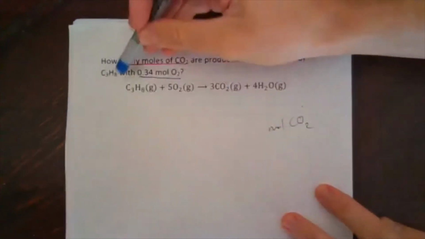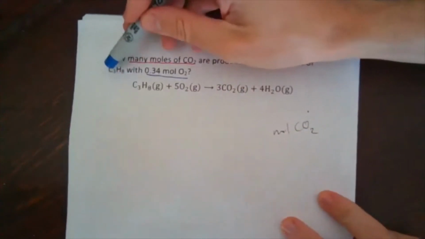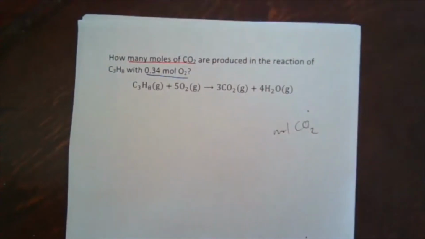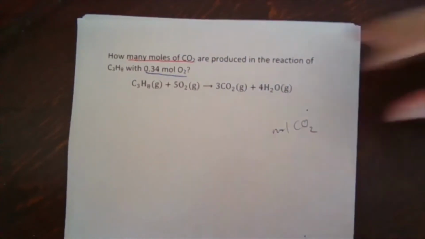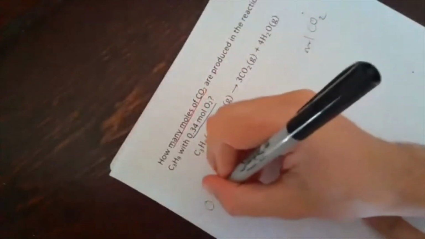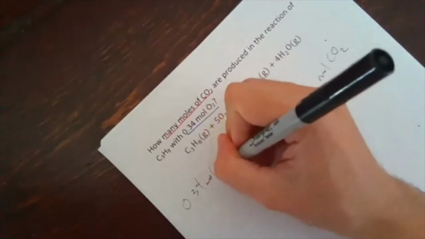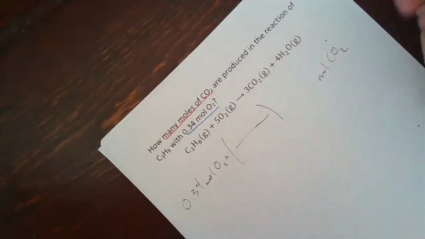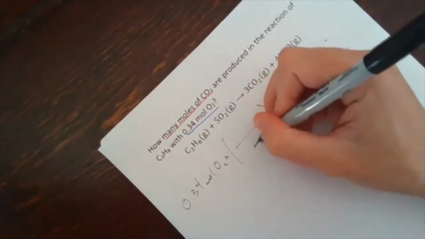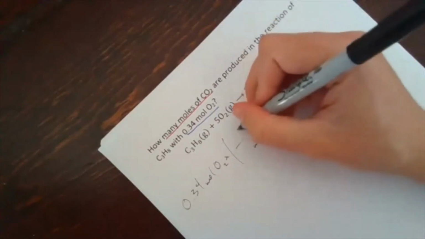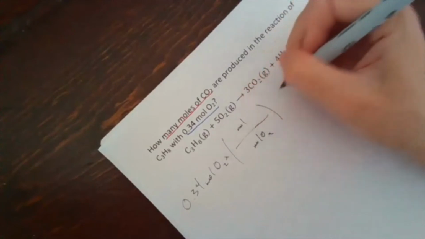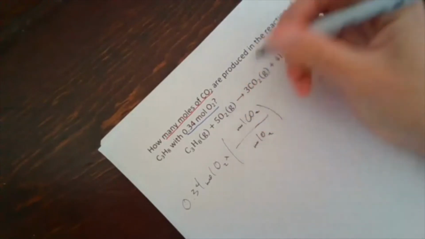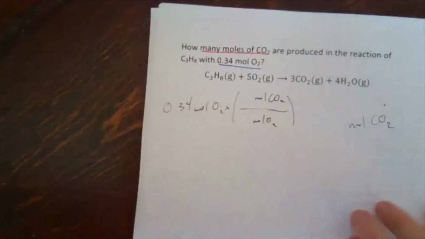It's just a combustion reaction, you're reacting C3H8 with O2. So we can fill that in, and we would get 0.34 moles of O2. And then we can plot it out: we want to get out of moles of O2 and go to moles of CO2 right there.